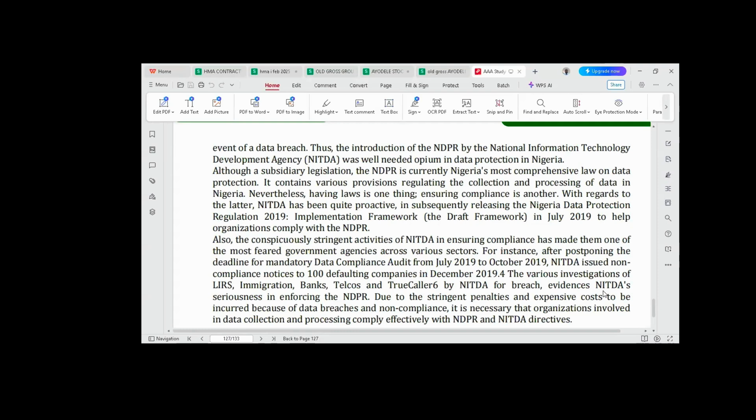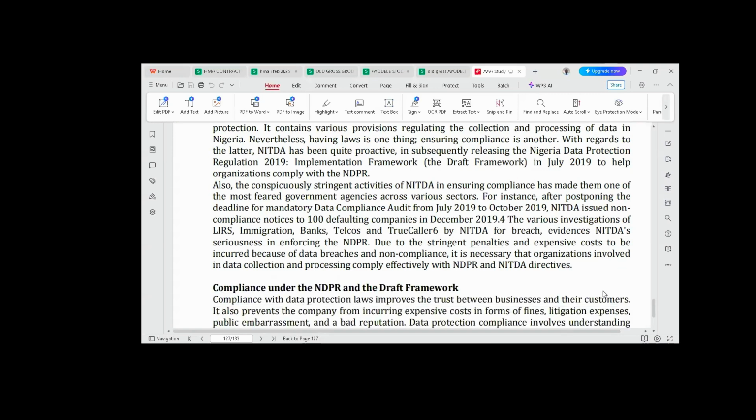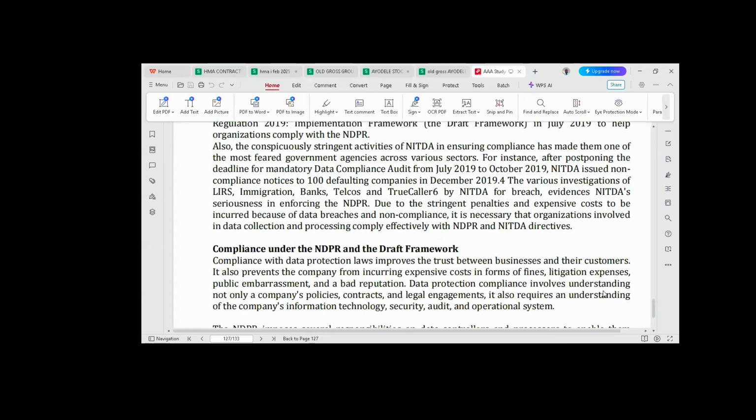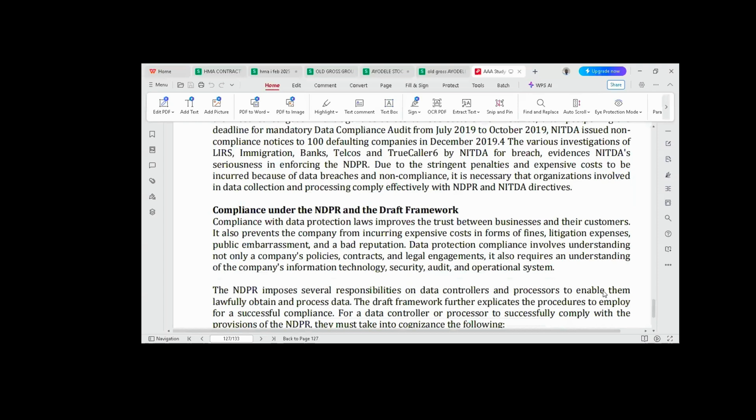If they should do so, such client or such individual or such organization can sue for what? For data privacy breach. All right. So can sue for what? Data privacy breach.